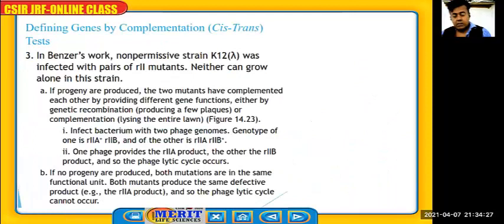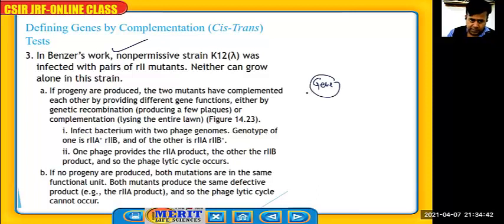And on the basis of the complementation test, Benzer identified that there is a gene responsible for this behavior. Sometimes they are getting the plaque, sometimes they are not getting the plaque. So what he did, he developed two strains and he mixed two strains.